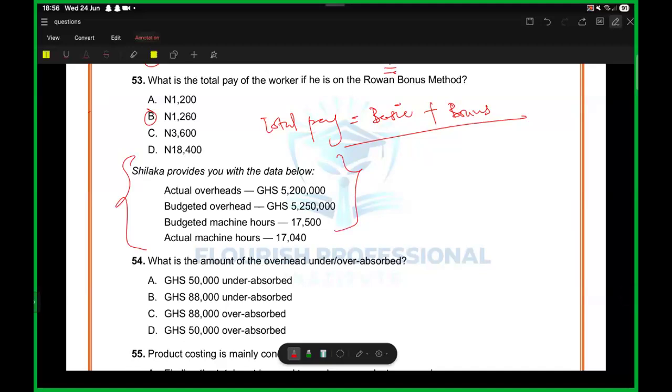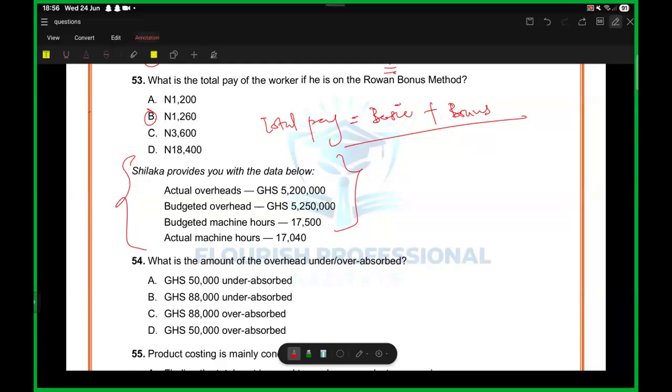Actual overhead, 5.2 million. Budgeted overhead, 5.25 million. Budgeted machine hours, 17,500. Actual machine hours, 17,040. Question 54: what is the amount of the overhead under or over absorbed?